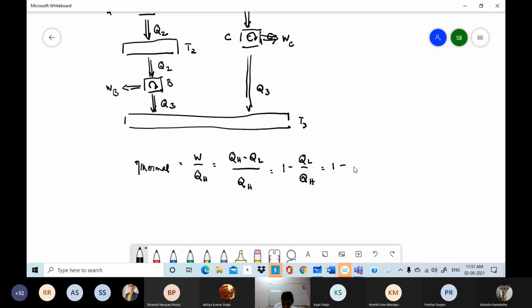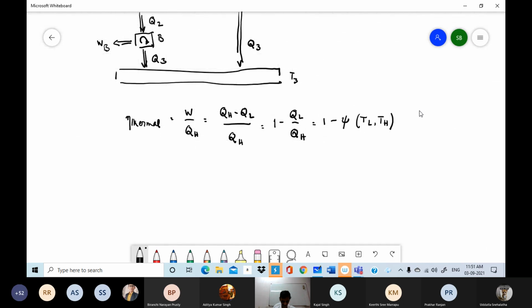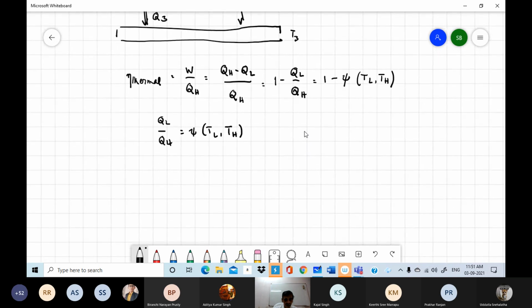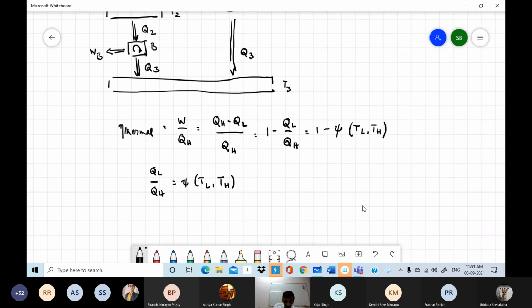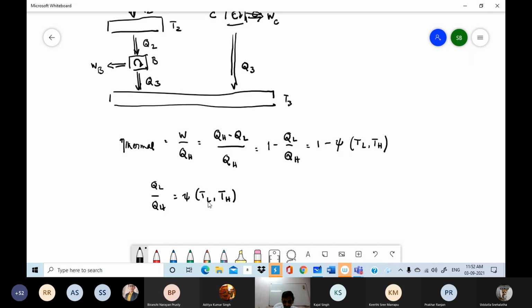So I can write this, that this is some arbitrary function which I do not know, let me call it psi, which means QL by QH is some function of TL by TH.